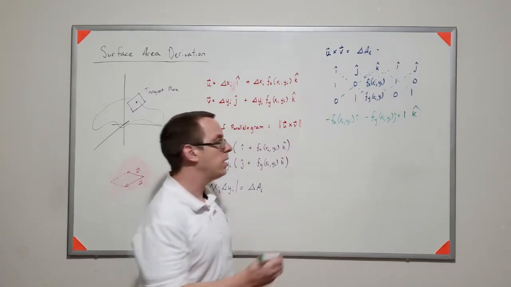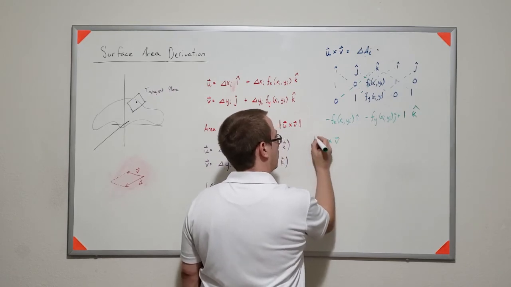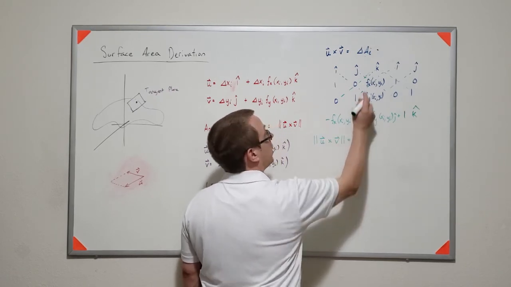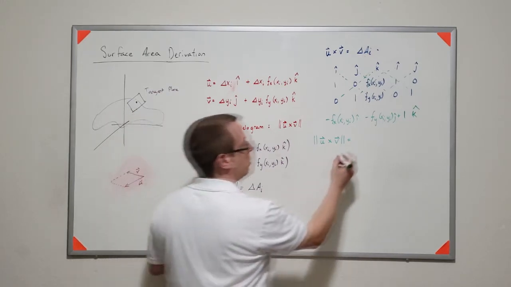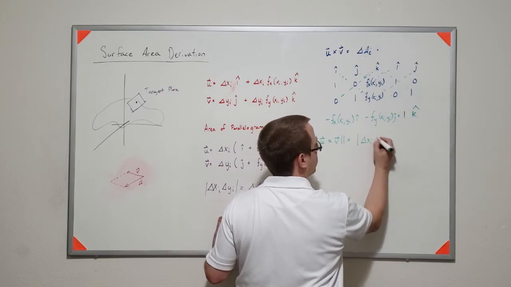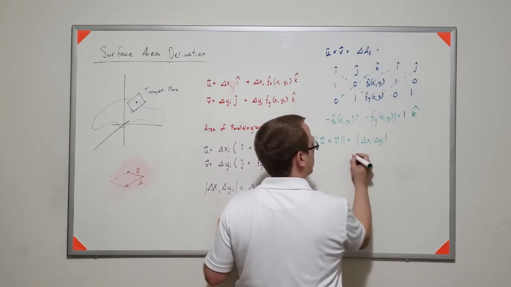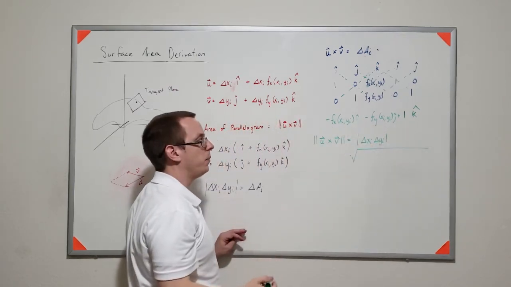Therefore your magnitude is the absolute value of delta xi, delta yi times each of these components squared.